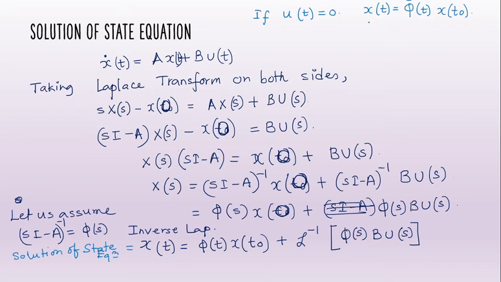This is called the zero input response. You can get this part only if the input is 0.